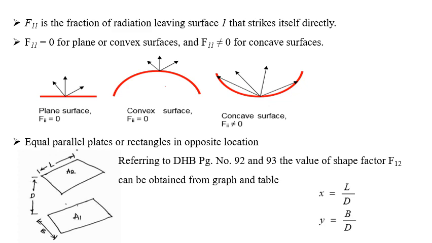X is equal to L by D, where L is the length of the plate and D is the distance between the two plates, whereas y is equal to B by D, where B is the width or breadth of the plate and D is the distance between the two plates. By calculating x and y and referring to the graph, we can calculate the shape factor for parallel plates or rectangles placed in opposite direction.